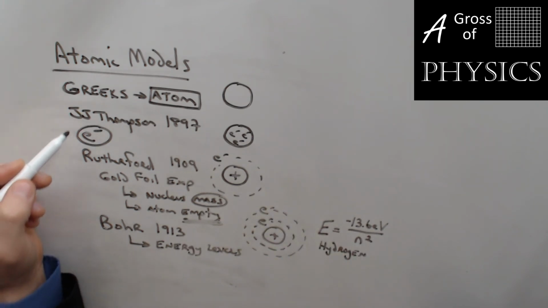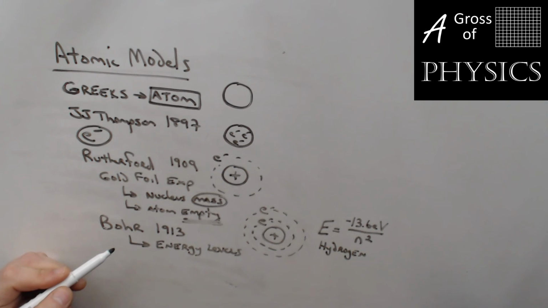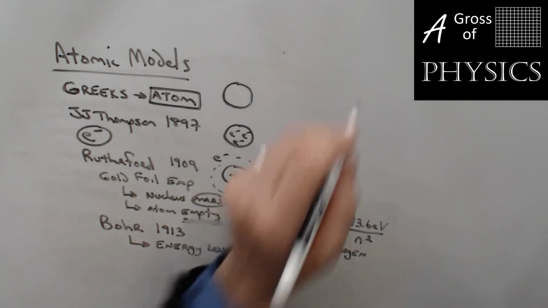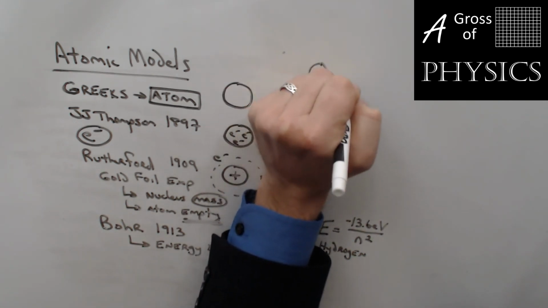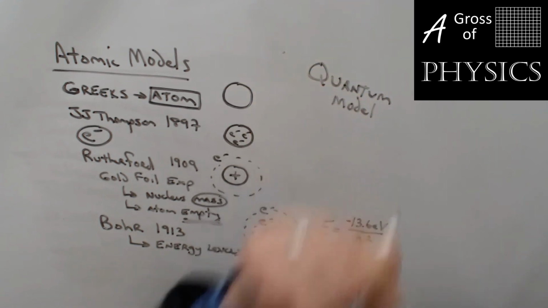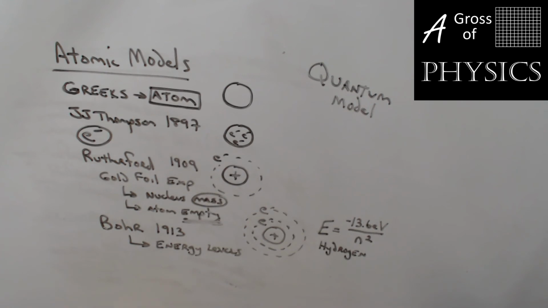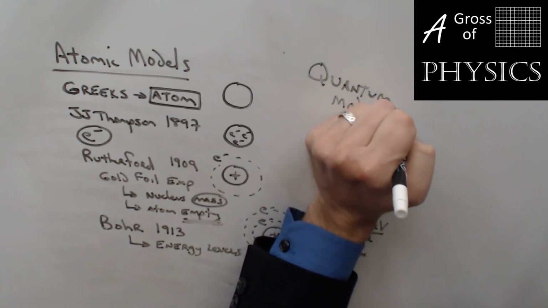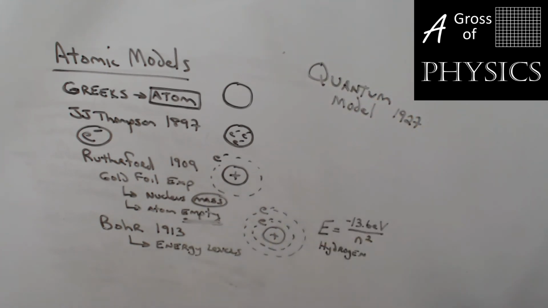Now, every model improves upon the previous ones. And at this point, we're up to what we call the quantum model. And of course, that's being constantly updated as well. But we have quantum numbers. And that was first discussed in the 1920s, around 1927 or so.